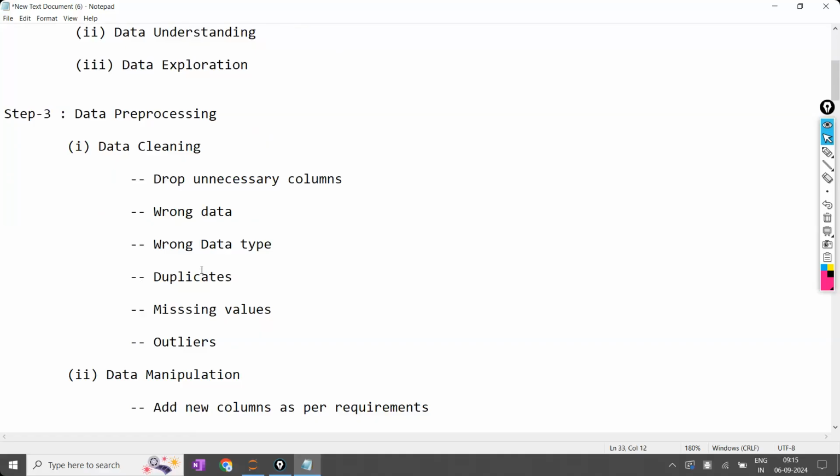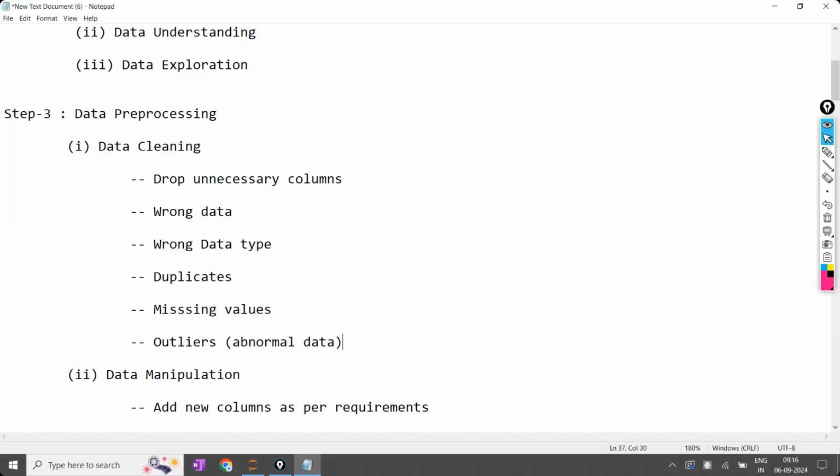Any duplicate records, we'll delete. If any missing values are there, we'll replace or drop them. And outliers, which means abnormal data, we are going to treat. All these things we have to treat.